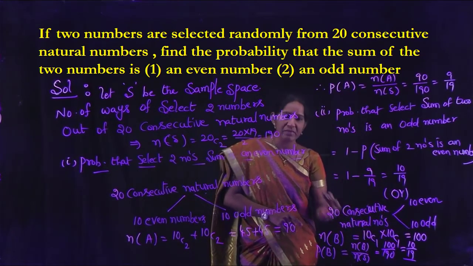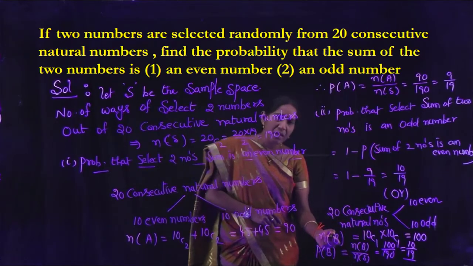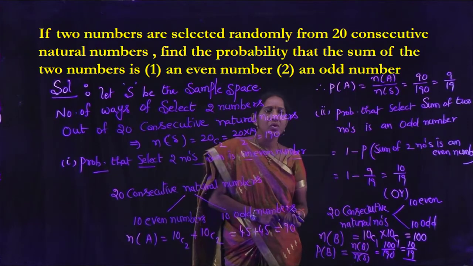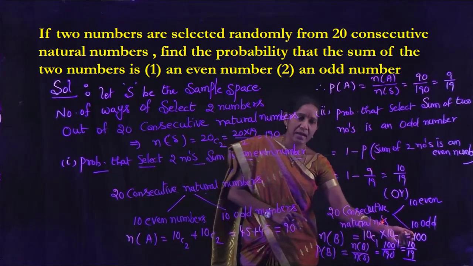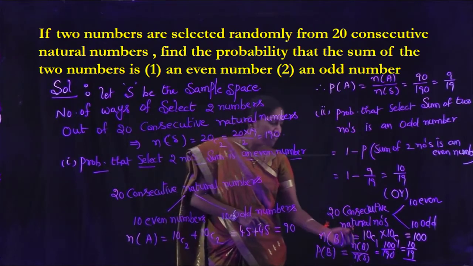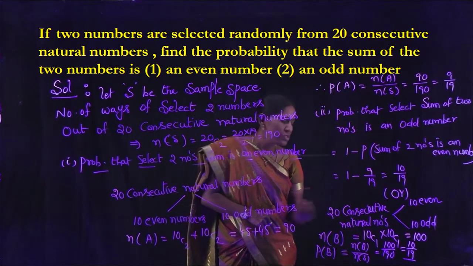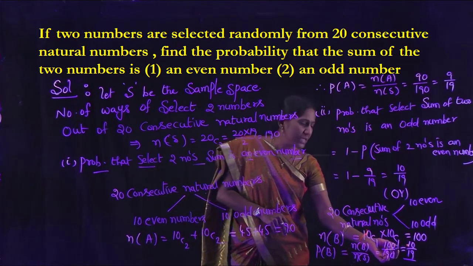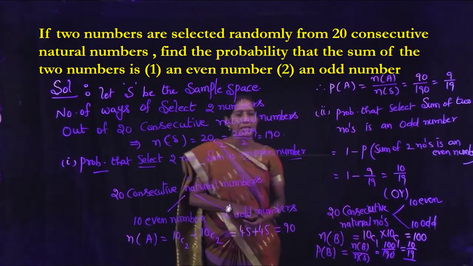Now take it as event B. Therefore, n of B equals 10C1 into 10C1, so it is 10 into 10, 100. Therefore, P of B equals n of B by n of S, so it is 100 by 190. Therefore, this is equal to 10 by 19.